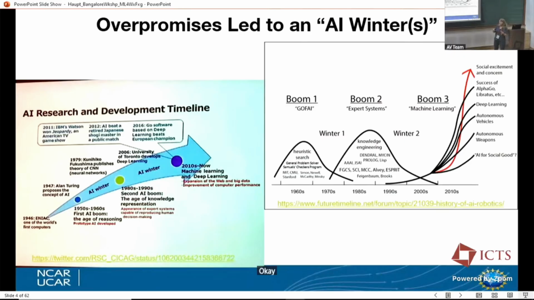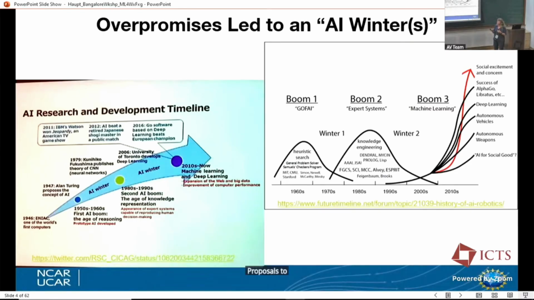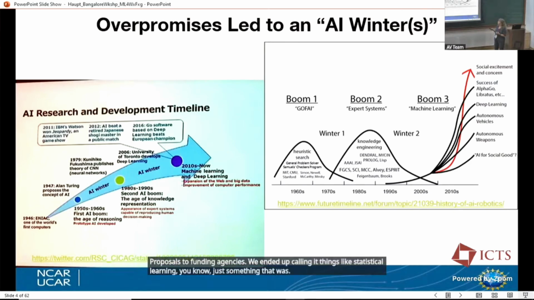That's when I started working in genetic algorithms around that time. But at that point, we weren't calling it artificial intelligence. It wasn't popular, and especially when we were writing proposals to funding agencies, we ended up calling it things like statistical learning, just something that was okay to use.